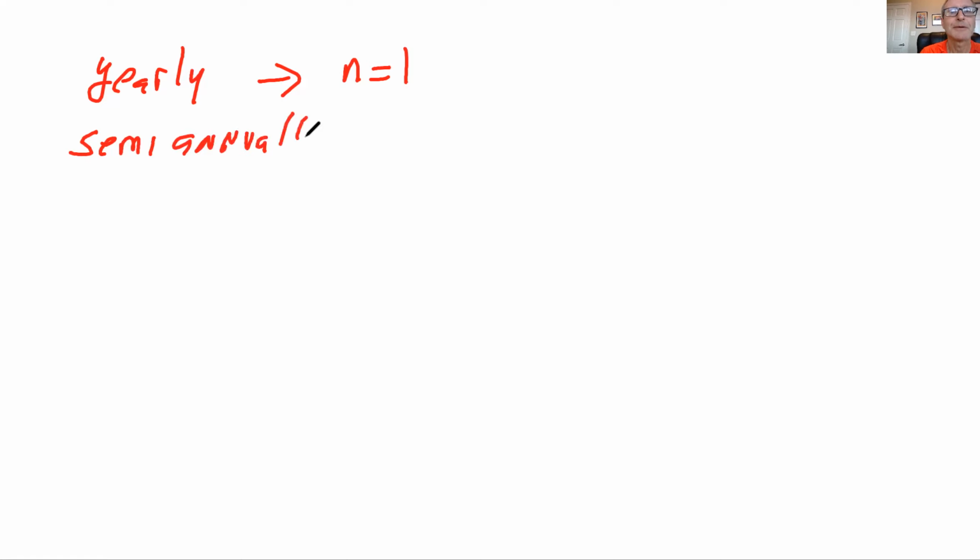One is yearly, and that would imply n equals 1. So every year, like we did in our table, it would go into the account, and then next year you would get interest on that. Sometimes it's semi-annually, which means twice a year, and so n would be 2.